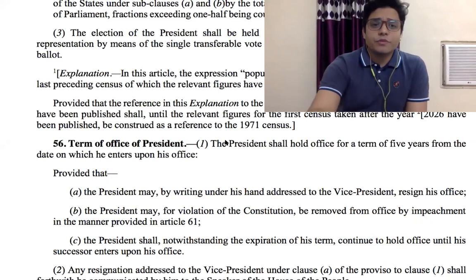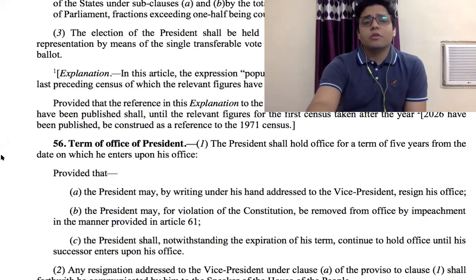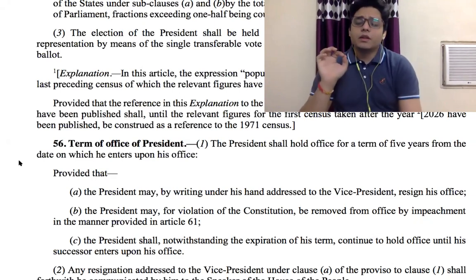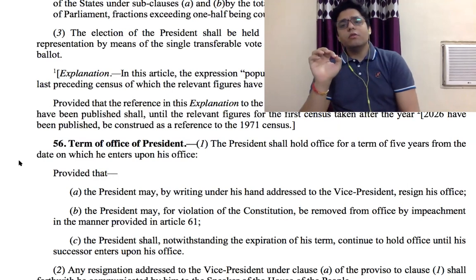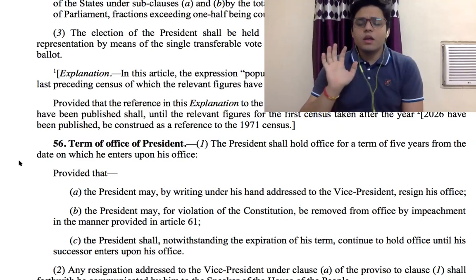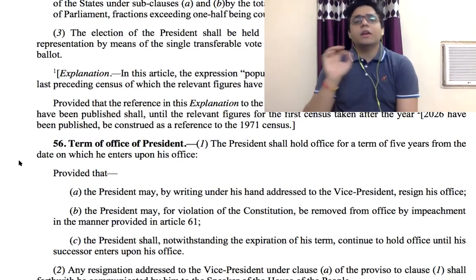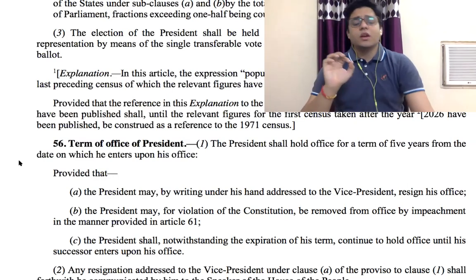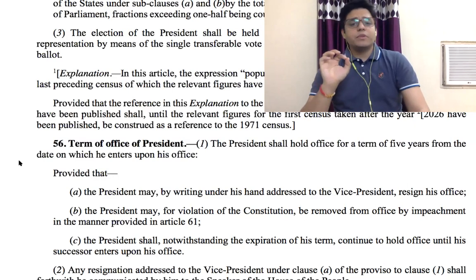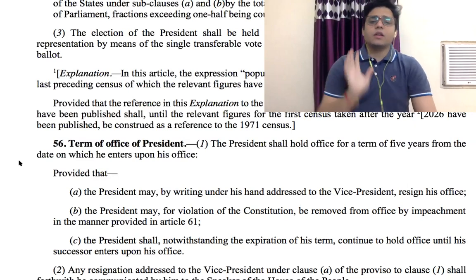As far as objective type questions are concerned, you need to remember that the president always gives resignation to the vice president. Clause (b): the president may, for violation of the constitution, be removed from office by impeachment in the manner provided in Article 61.